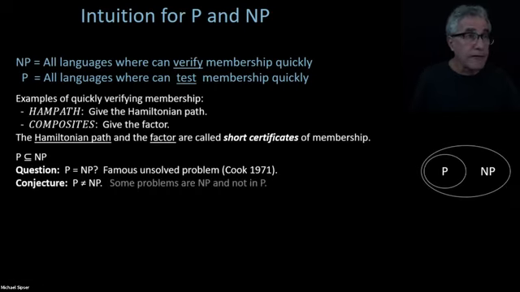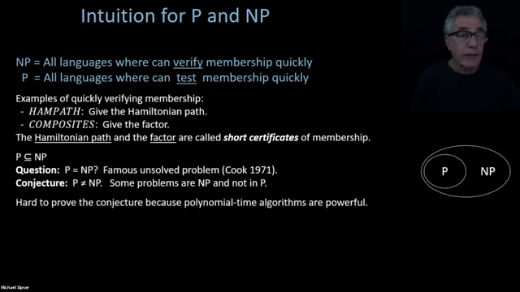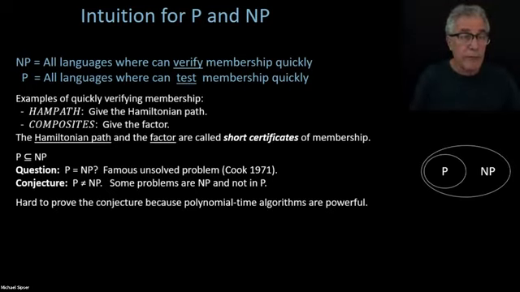Most people believe that P is different from NP. In other words, that there are problems in NP which are not in P. A candidate would be the Hamiltonian path problem. But it seems to be very hard to prove that. And part of the reason is, how do you prove that a problem like Hamiltonian path does not have a polynomial time algorithm?